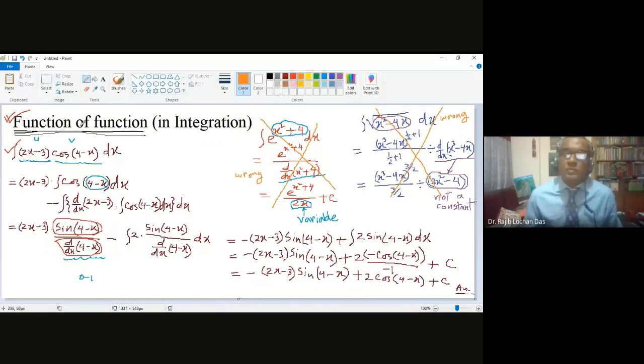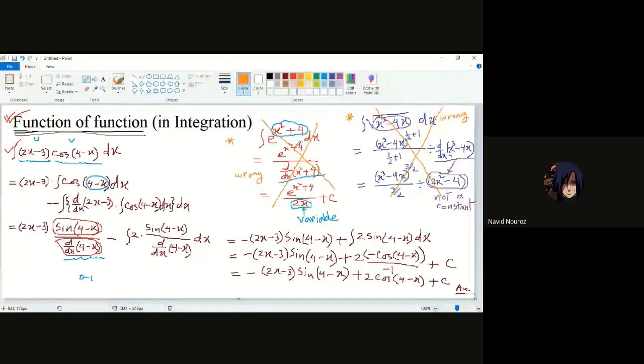In this function of function situation, there are other techniques, and those other techniques we are not really learning in this course. So for this course, these are not included. This technique will be something different. It is not really what we are learning today. So this kind of problem will not be in the exam.